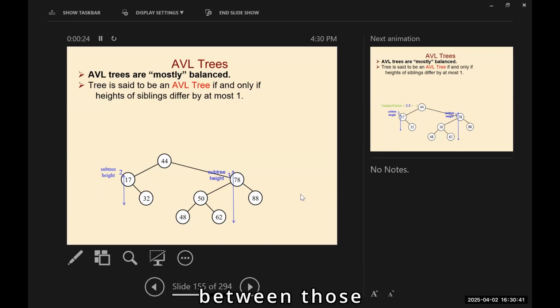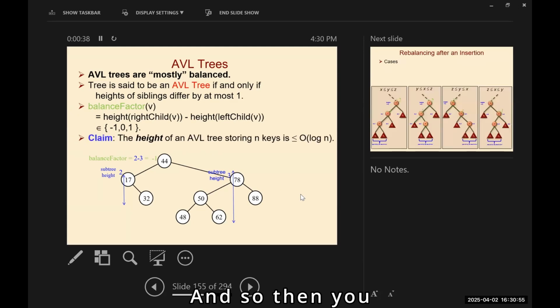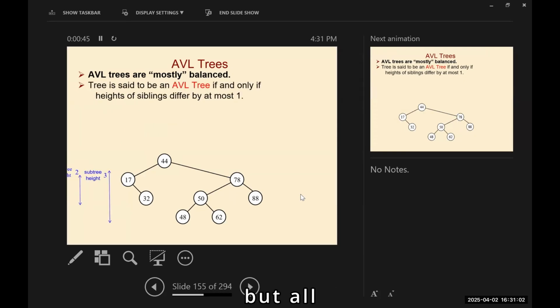And the difference between those can be at most 1. So in this case, 2 minus 3 is minus 1, absolute value is 1. And so then you keep seeing these other guys. I thought we did more examples, but.